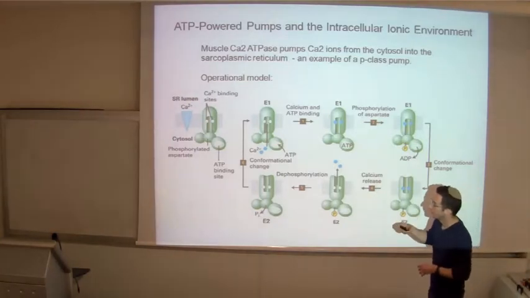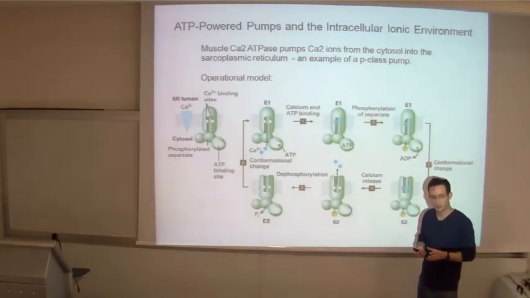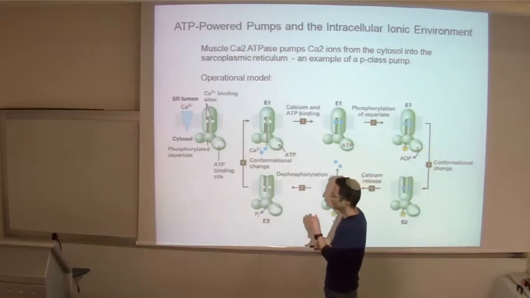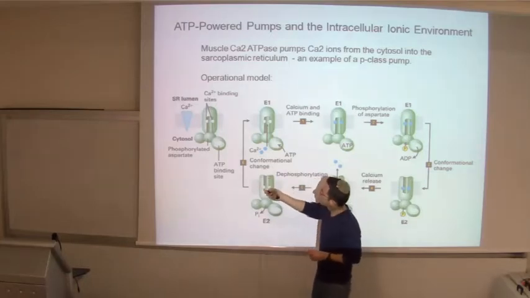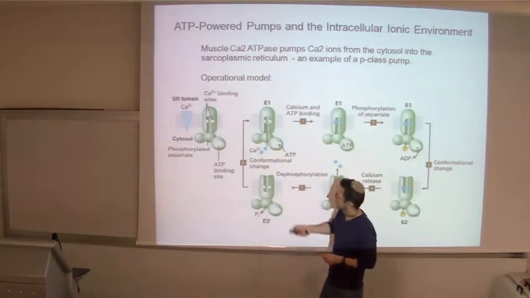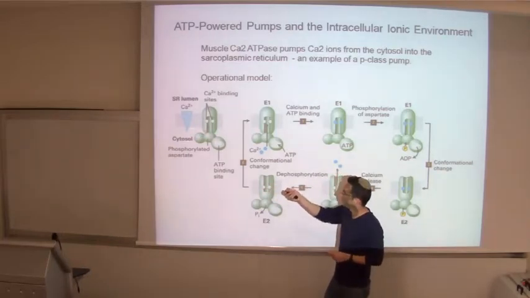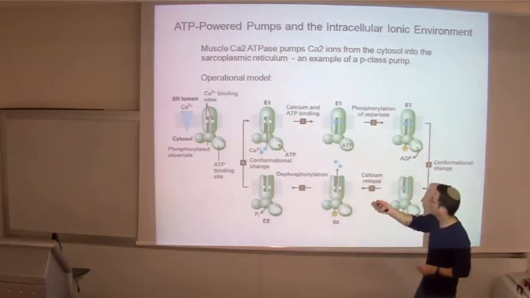Okay, and the fact that the SR is densely packed with calcium ions is thanks to the action of this ATP pump. Okay, so the calcium ATPase has a domain right here that sits in the cytosol with an ATP binding site, and with an amino acid which is always an aspartate.